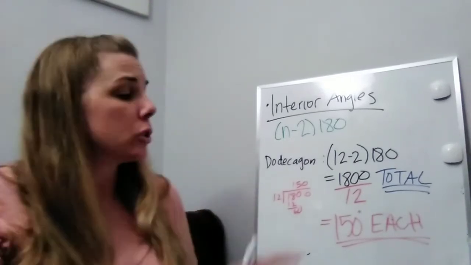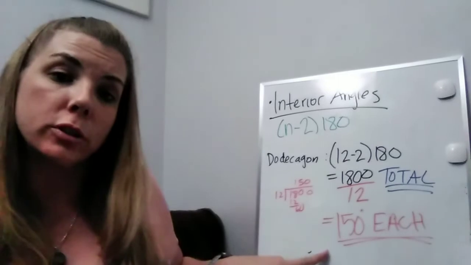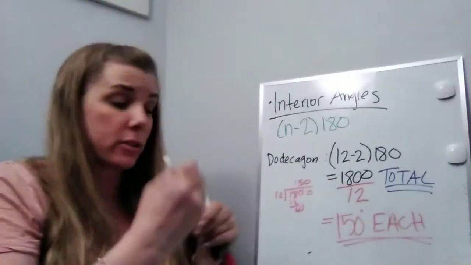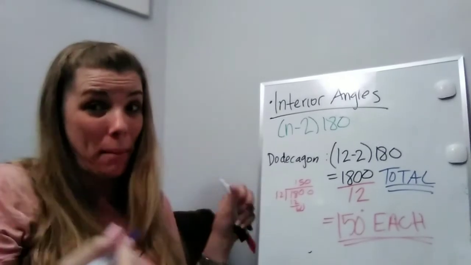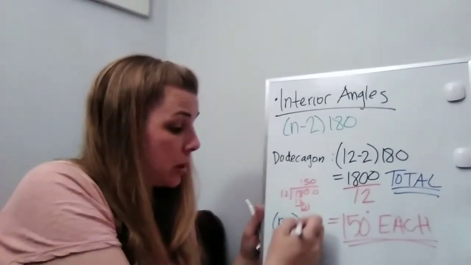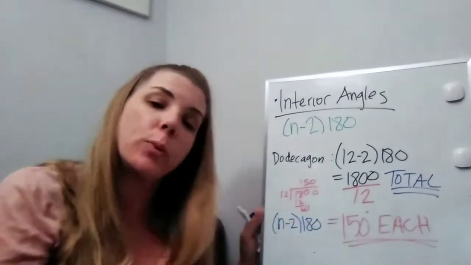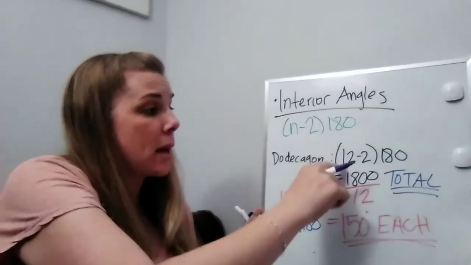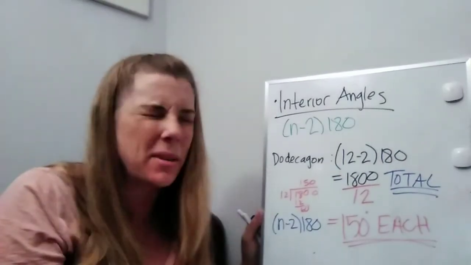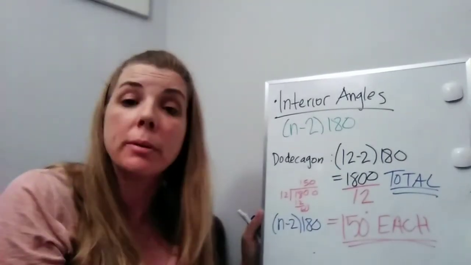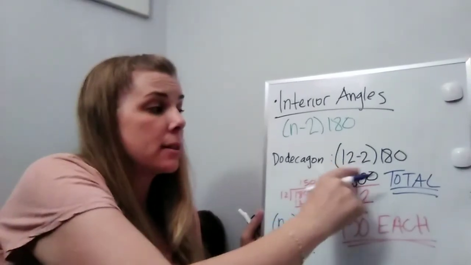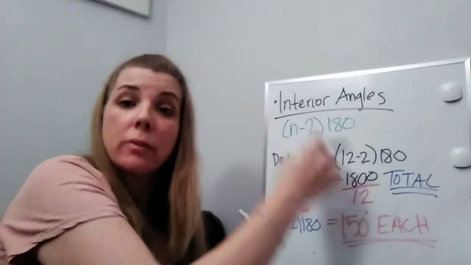So the formula we followed to do this, instead of doing all that, there's actually a formula. If you can remember it, it would be cool. Okay, it's n minus 2 times 180. But then what did we divide by? If we did the n minus 2, that became 10. The most common mistake that I've seen every time we've done this, people see the 12 minus 2, they say 10.